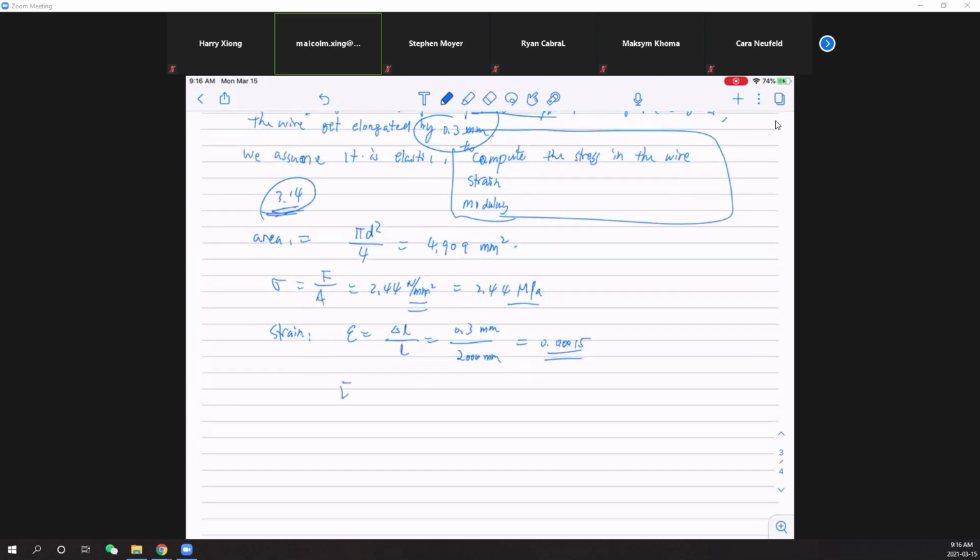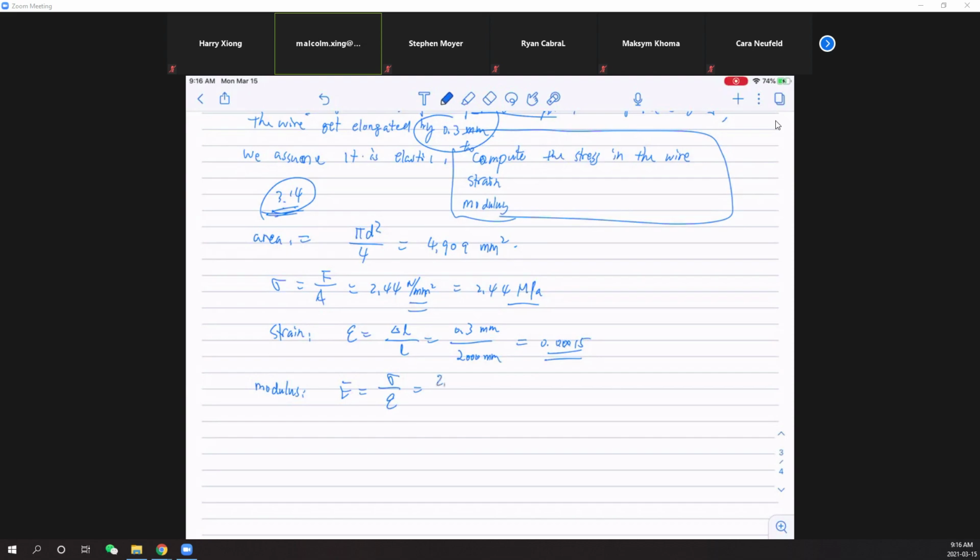And then we can also calculate the modulus, right? The stress divided by strain.